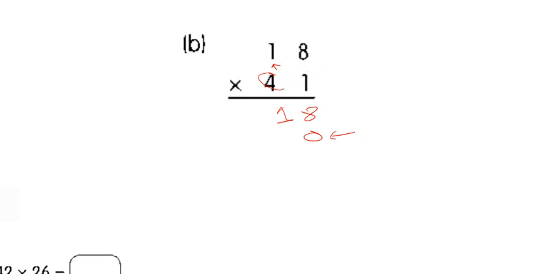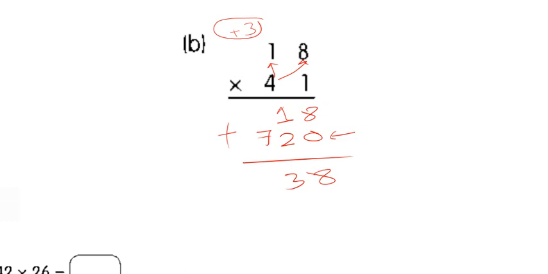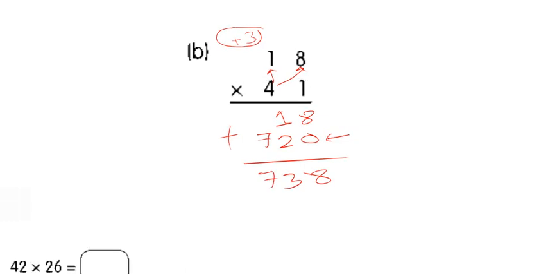Let's multiply by 4 here. If you put 0, 4 times 8 gives me 32. I will put 2 and carry 3. 4 times 1 gives me 4, plus 3 gives me 7. Add them all. 8 plus 0 is 8. 2 plus 1 is 3. And 7 plus nothing gives me 7. The answer is 738 in the last.